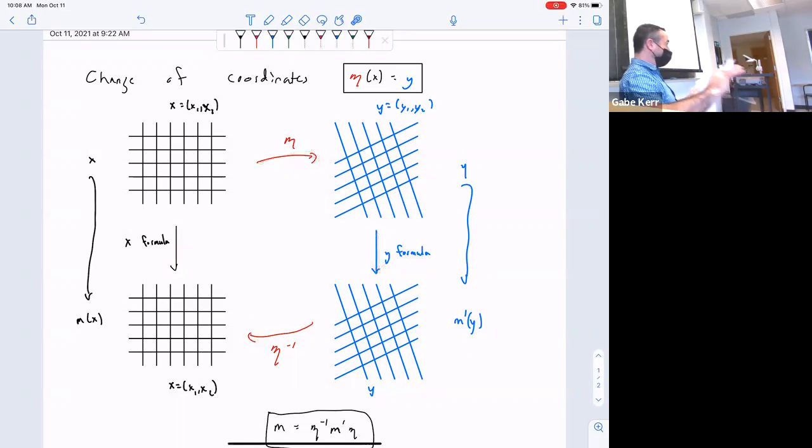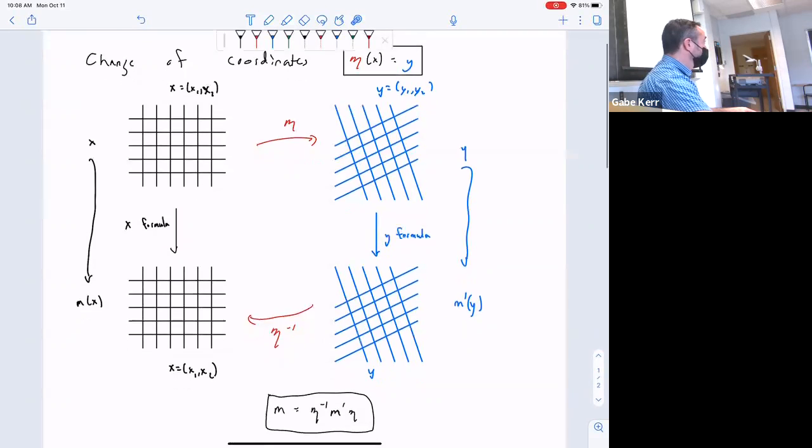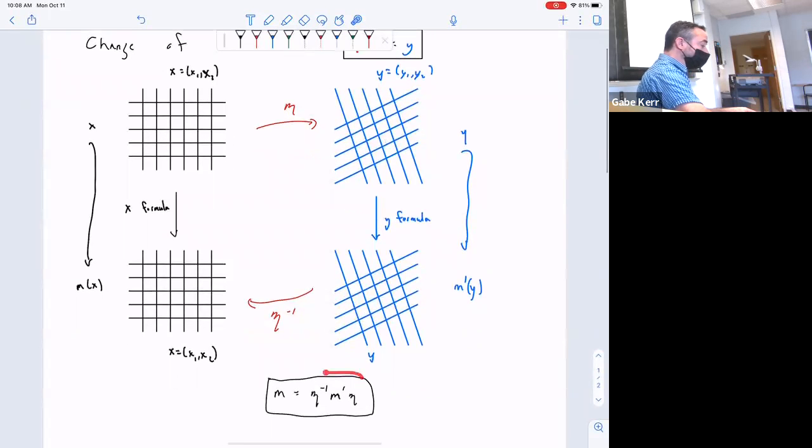This is a very non-technical explanation of a change of coordinates formula. But the change of coordinates formula is really just this. And this is the equation. If I call it M here, and M prime. I'll do an example.